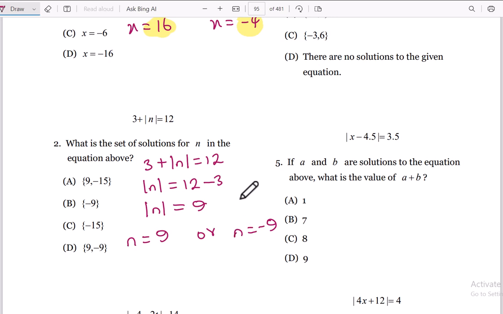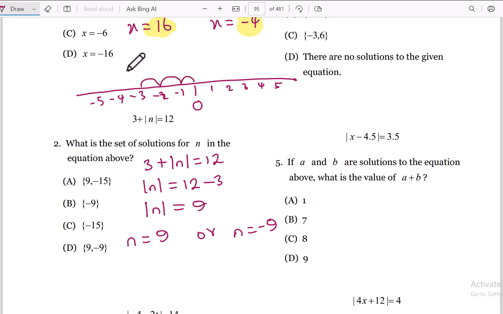Now let me show you this. Assuming you have a number line, this is a very nice example. This is 0. You have 1, 2, 3, 4, 5. And here you have minus 1, minus 2, minus 3, minus 4, minus 5. If I go 3 units to the left, what will I have? 1, 2, 3, and this is negative 3.